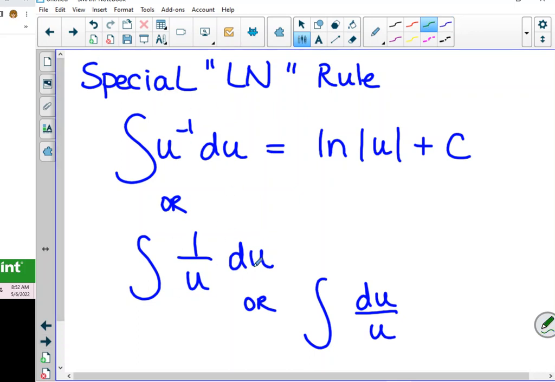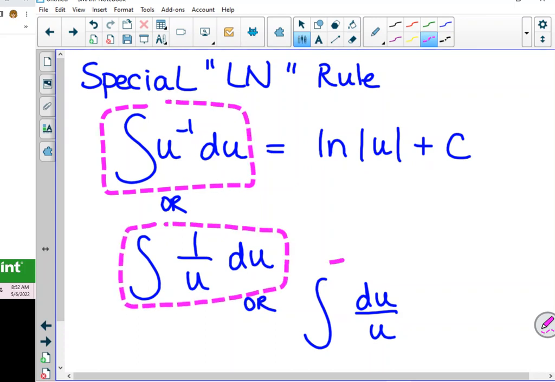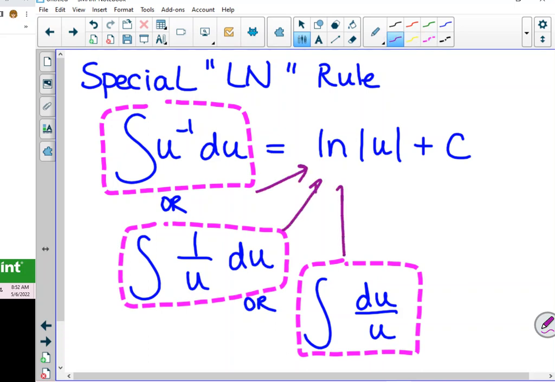This one, or this one, or this one are all different versions of the same problem that falls apart when you try to use the backward power rule. U to the negative 1 won't backward power rule, because when you try it, you end up with a 0 exponent, which is okay, but then you have to divide by 0, and that's not okay. You would not look at that and say, oh yeah, that totally makes sense.